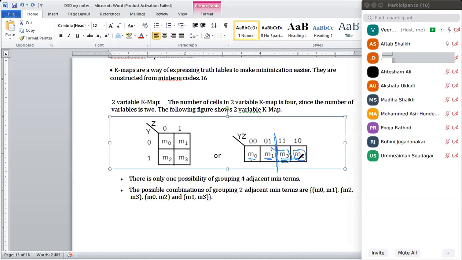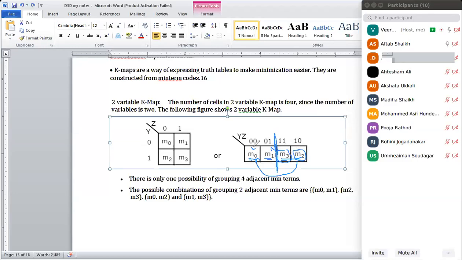And M2 is going to be laid upon M0. If I fold this table in the middle, then M3 is going to be laid upon M1 and M2 is going to be laid upon M0. So either I can go for M0, M1, M2, M3, or else M0, M2, M1, and M3. These are the two adjacent groups that I can generate from this table, possible combinations.